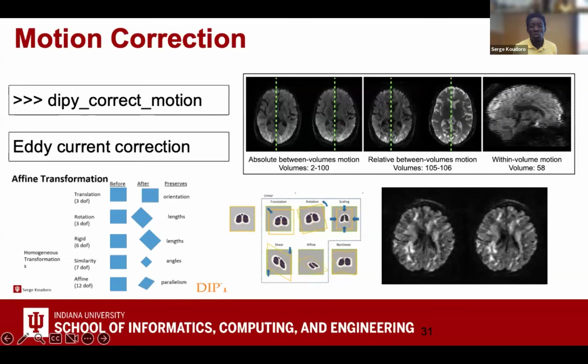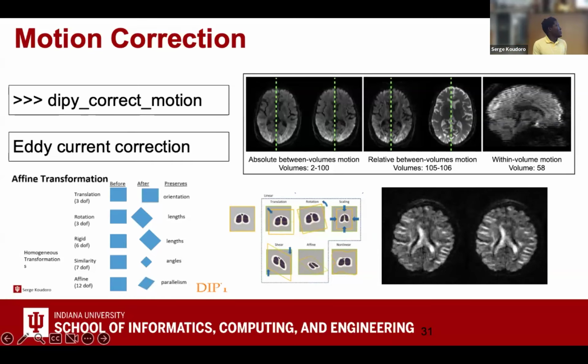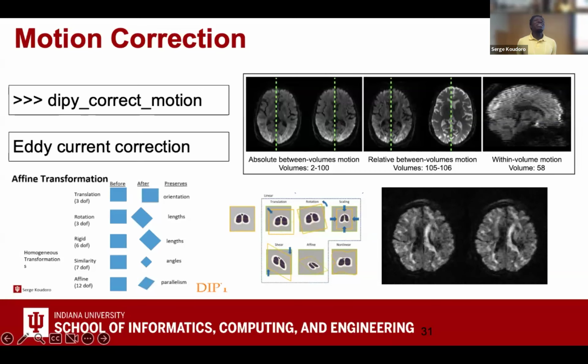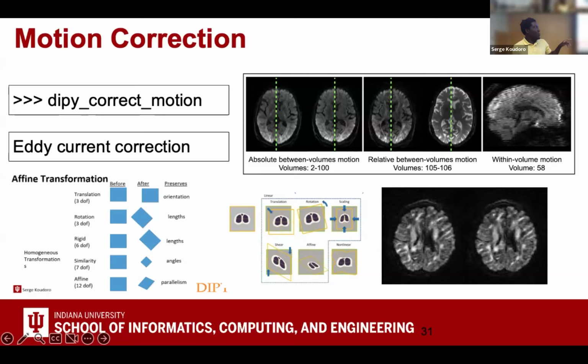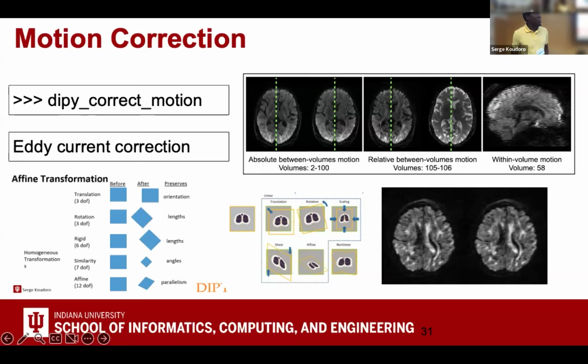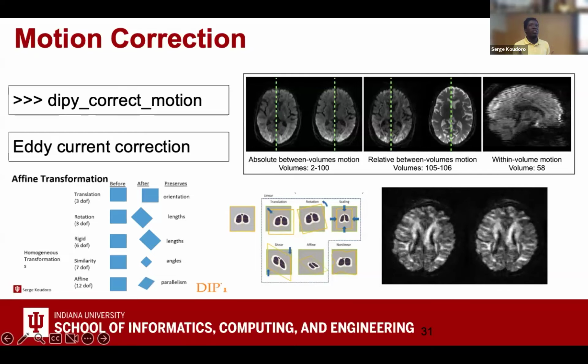Exactly. So for the audience, to repeat the question, Sam was saying that in MRtrix, it was wrapping FSL eddy current correction, and what I'm saying is we don't need to do that.